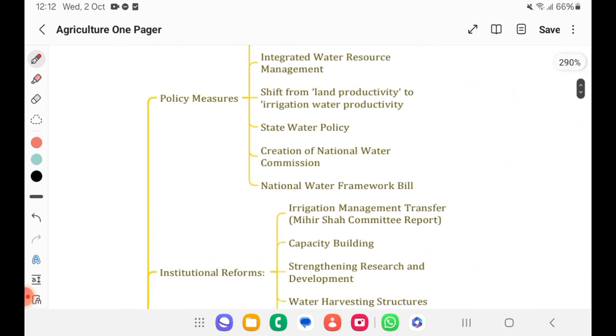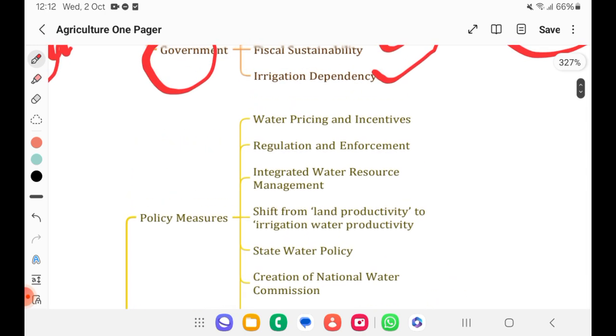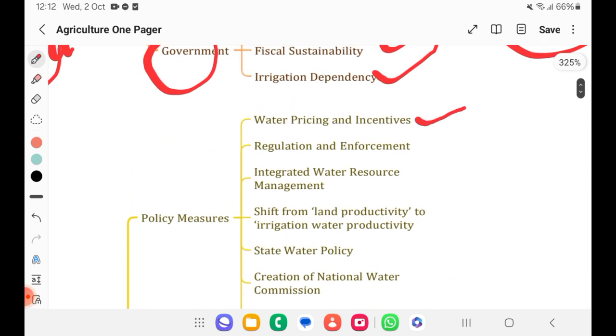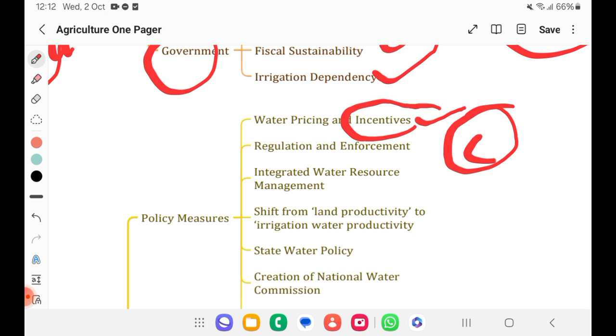Policy measures: water pricing and incentives. Like carbon credit we are giving for storing carbon or reducing emissions, similarly incentives should be given for water treatment. So key term, incentive. Regulation and enforcement must be there.